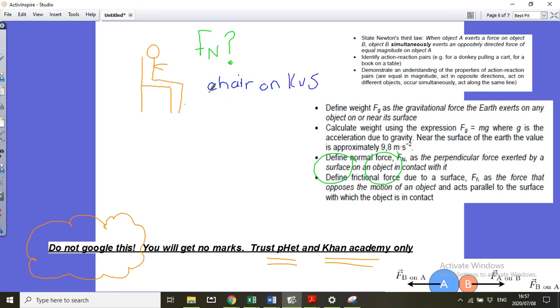That would be the normal force because it's the surface that I'm sitting on. So it's the chair perpendicular here on me. So that is the normal force, not the reaction yet. That's just the force given. So the Newton 3 pair would be kVs on the chair. Again, only two objects involved. A and B, B and A.